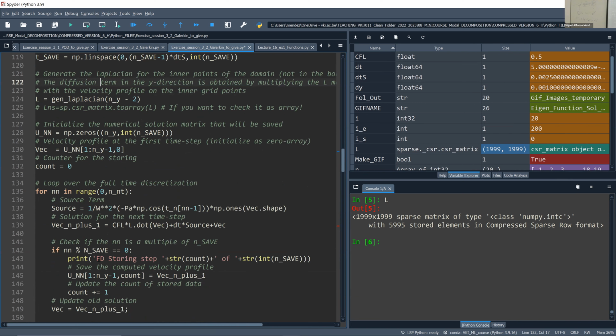Why 0.5? Because if you do a von Neumann stability analysis for this one, you end up that above 0.5, this will explode. Okay, that depends on every scheme. Every scheme has its own limit of stability. Okay, but I believe you see this in numerical methods for PDEs.